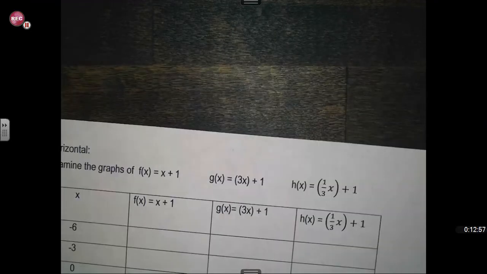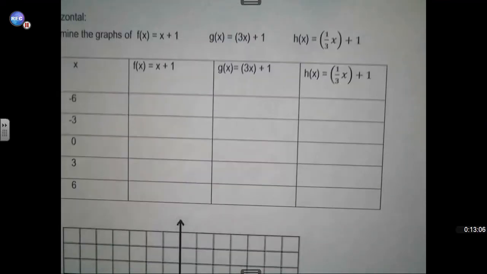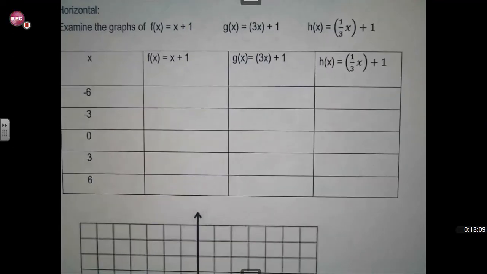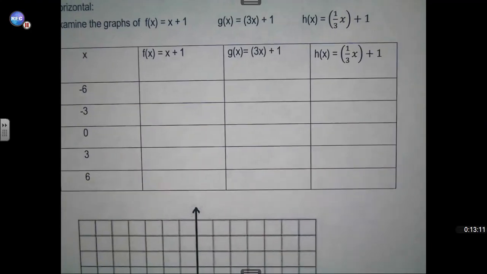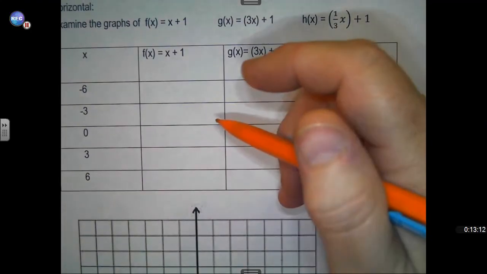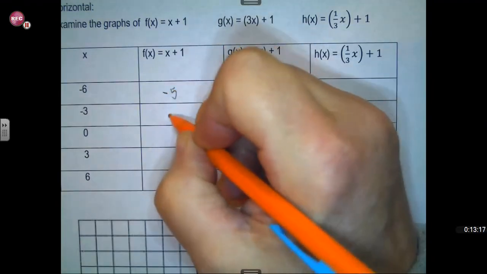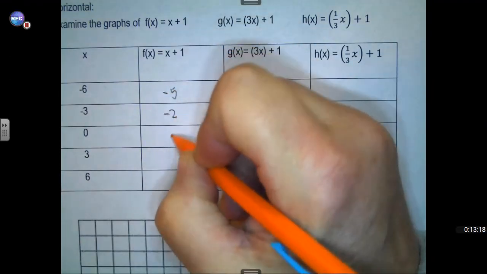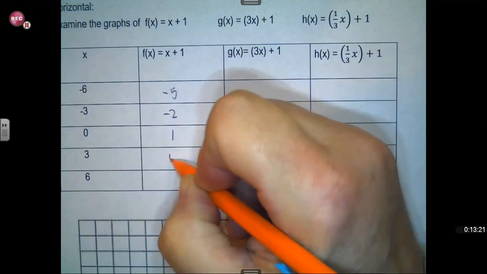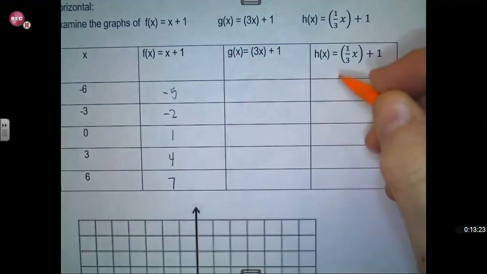And then we want to look at the same thing, what happens horizontally. So again, we start out with y equals x plus 1, or f of x equals x plus 1. And we plug in -6, we get -5, -2, 1, 3 plus 1 is 4, 6 plus 1 is 7.